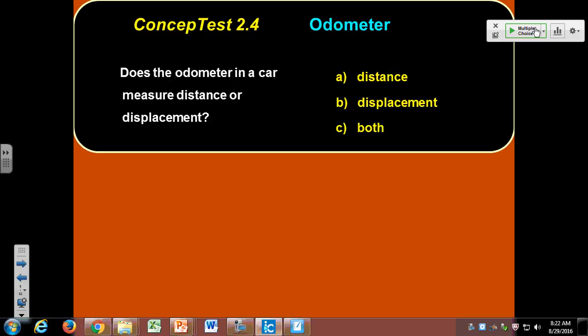Does the odometer in a car measure distance or displacement? All right, we'll stop at 25. 25.